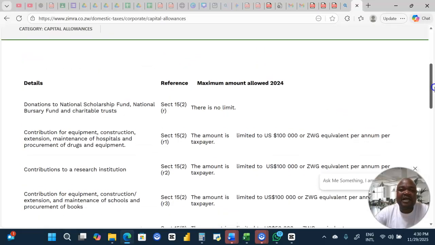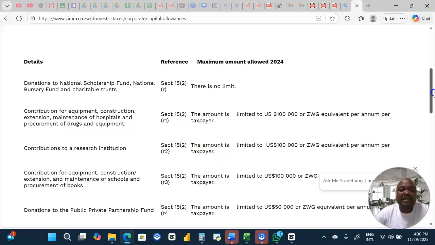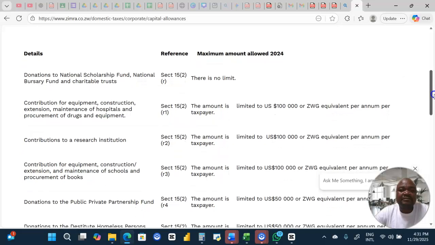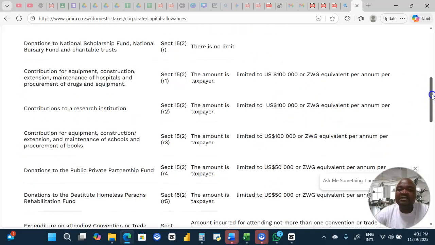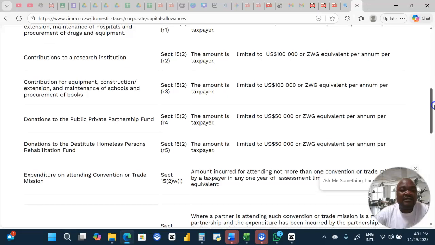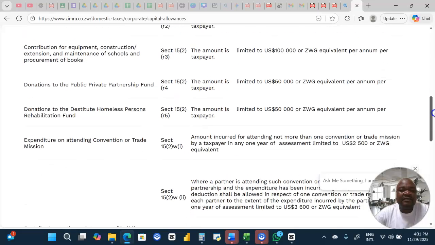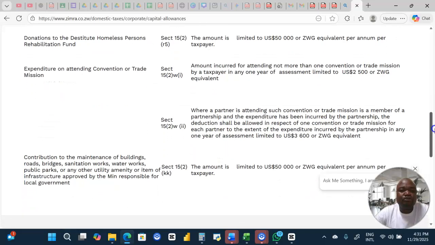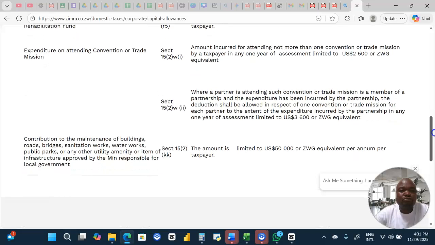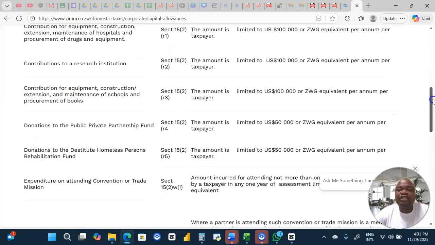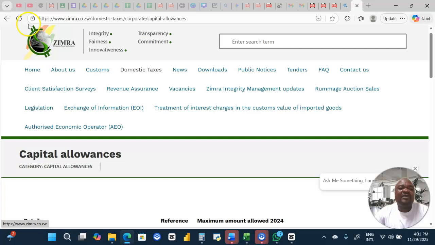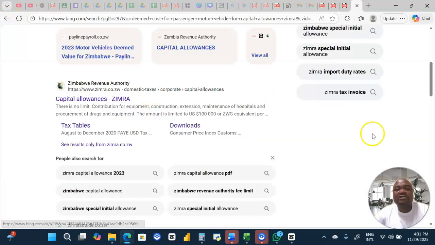They're talking about other things, but the common figure appearing there is 100,000, and they're not having anything in relation to PMVs, passenger motor vehicles.